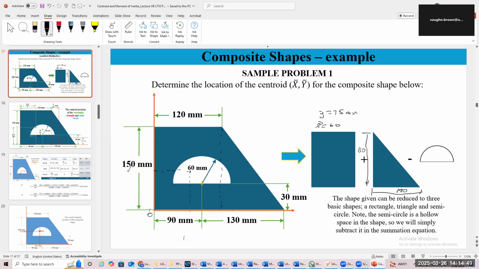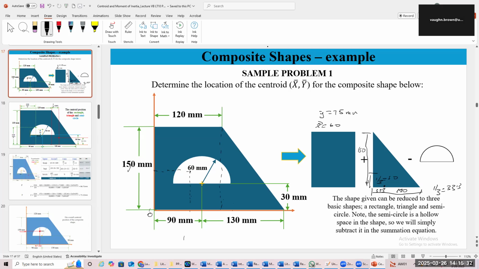So 1/3 of the base is 1/3 of 100, which is 33.3. Up at the top, 1/3 of 150 is 50. So that is 50.